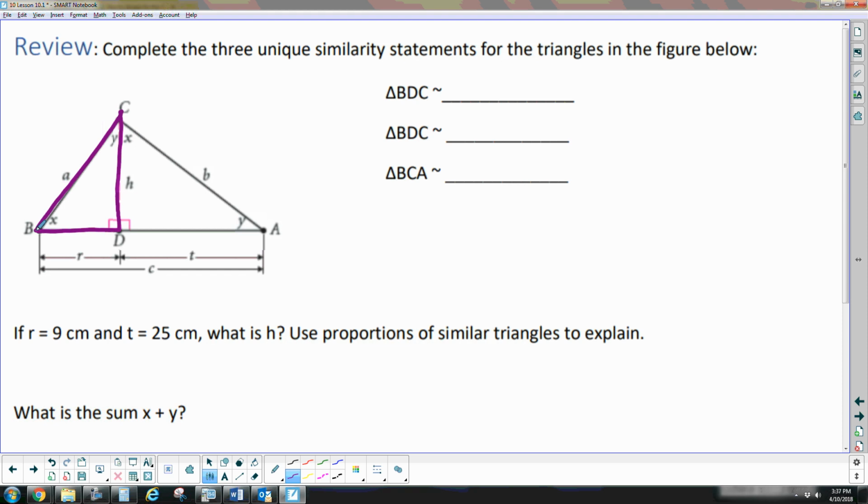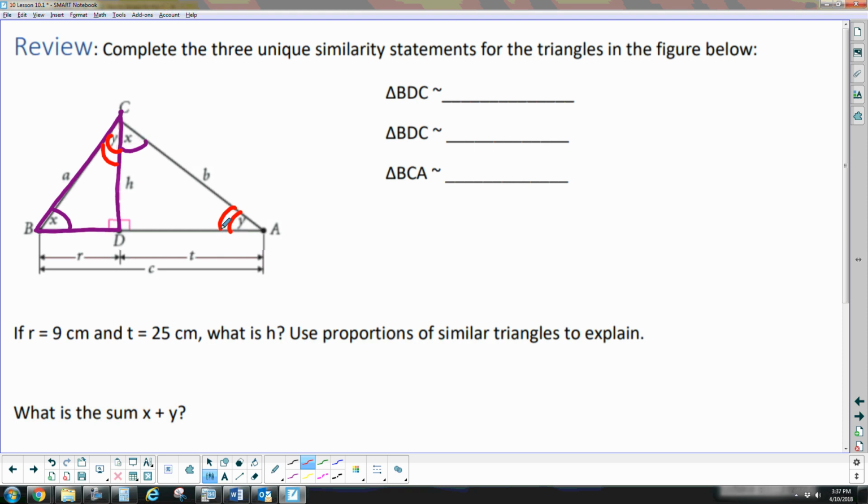That's one similarity shortcut. Let's look at all of the angles that measure x. Here's an angle that measures x, and here's an angle that measures x. And then here's an angle that measures y, and here's an angle that measures y. So we're going to start by matching up those angles.